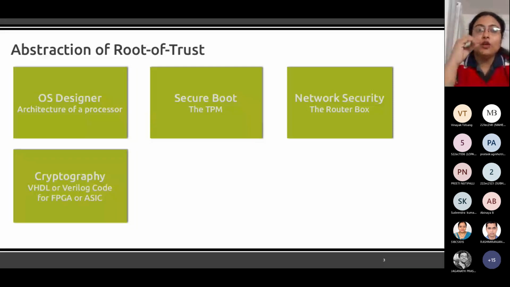Okay, but when we implement this kind of cryptographic algorithm in FPGA, I will not say only FPGA, it can be ASIC also, it is mapped into some registers, memory, data path, control path, right?